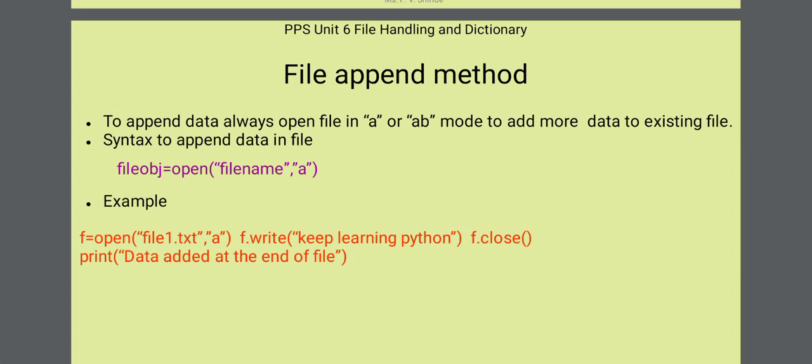For example, f equals open, first open a file, then write the data into it, close the file. In which mode is the file open? In append mode. Here A means a text file is opened by default.